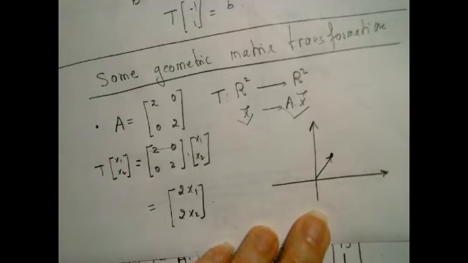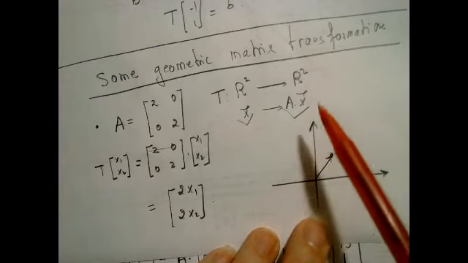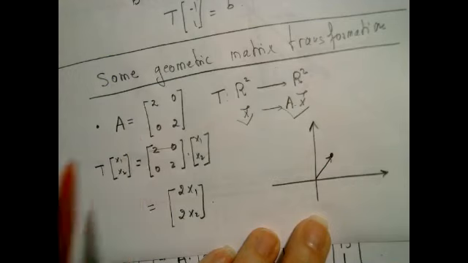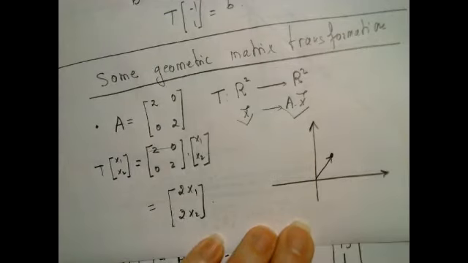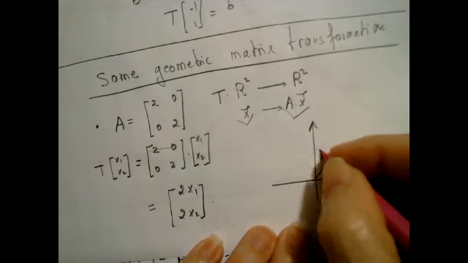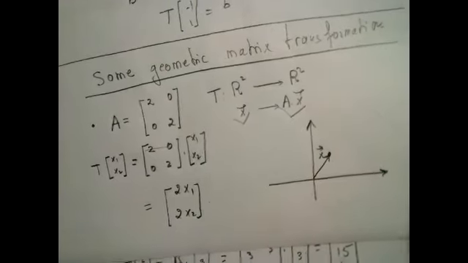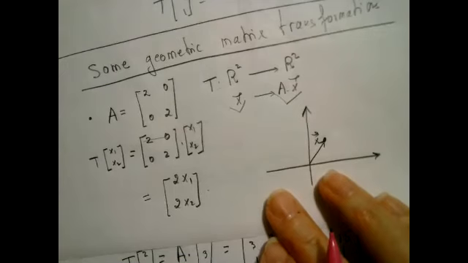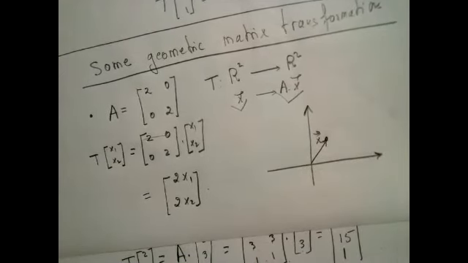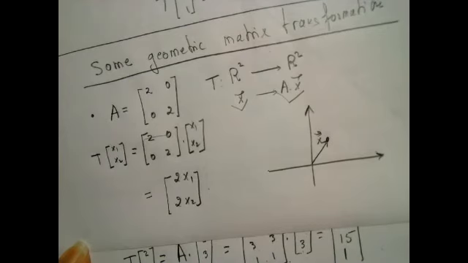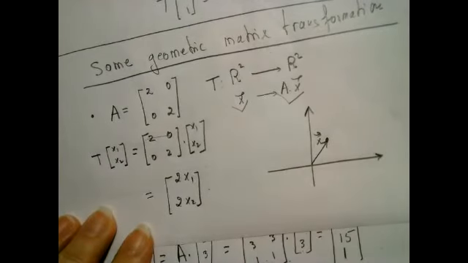I want you to look at it for a little bit and tell me what this matrix transformation, obtained by this matrix, does to a vector. This is my vector x right here. What does A do to it? I want you to look at it carefully. You don't need too much time. Just think about it. What is the output vector here?